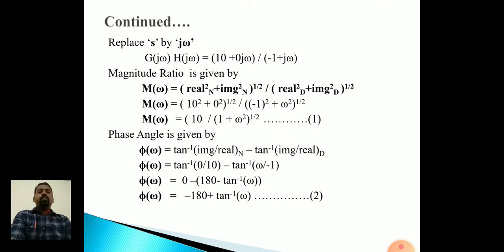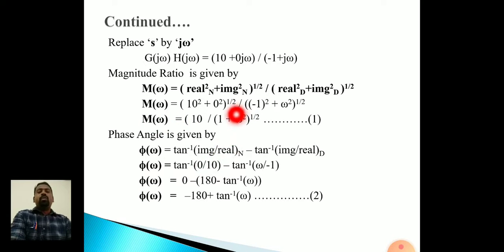So in the case of equation 1 and equation 2, substitute the limiting value of omega as 0 first, then find M omega and phi omega, then substitute omega as infinity and find M omega and phi omega.